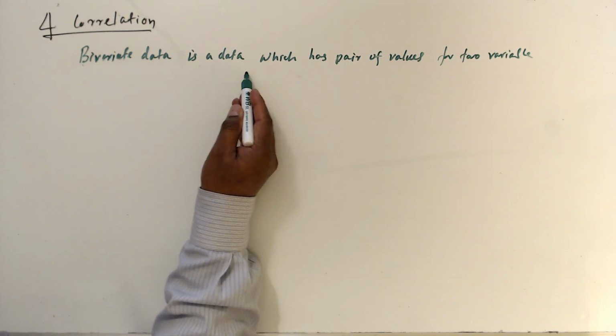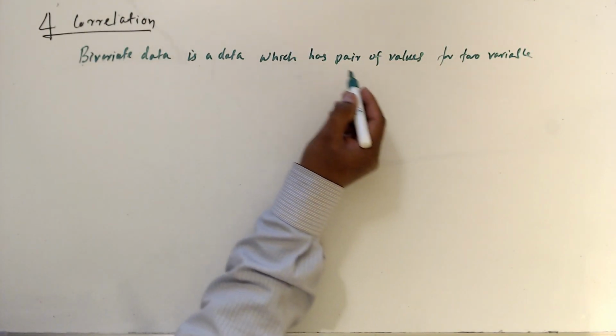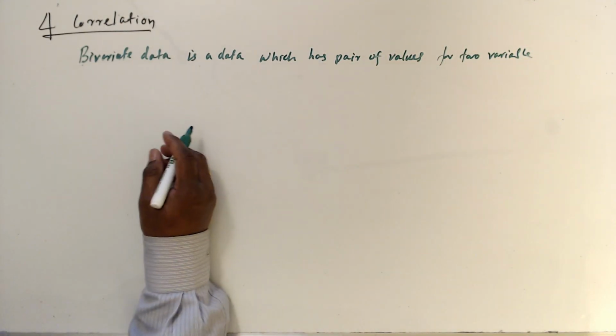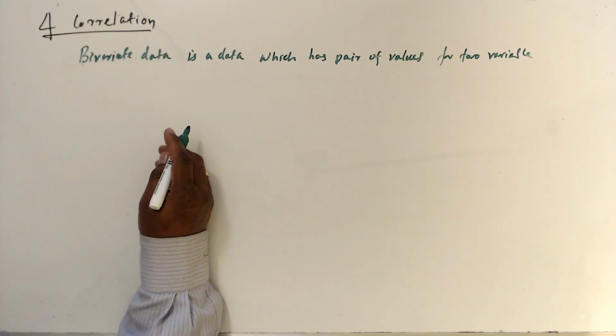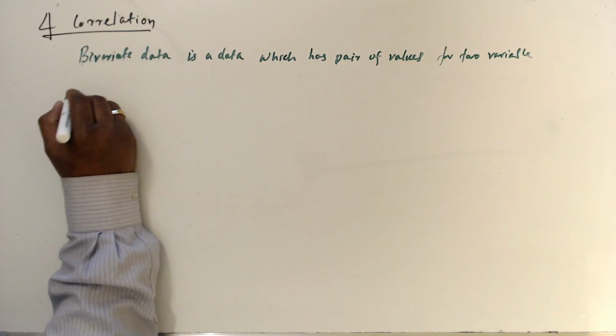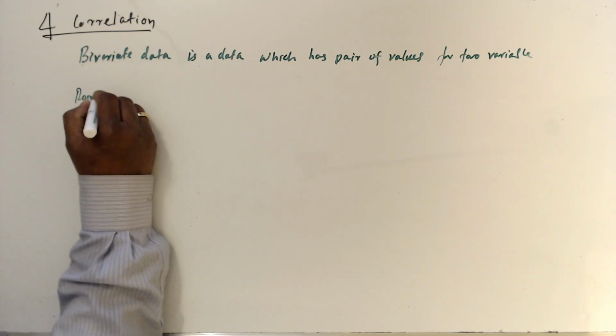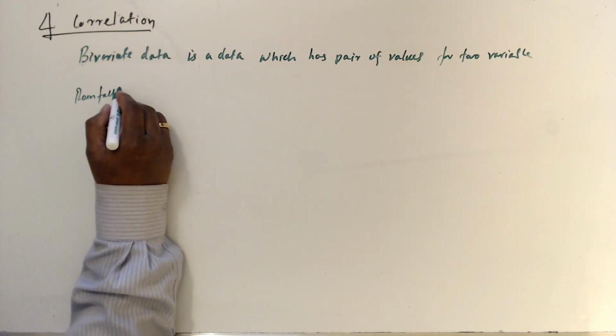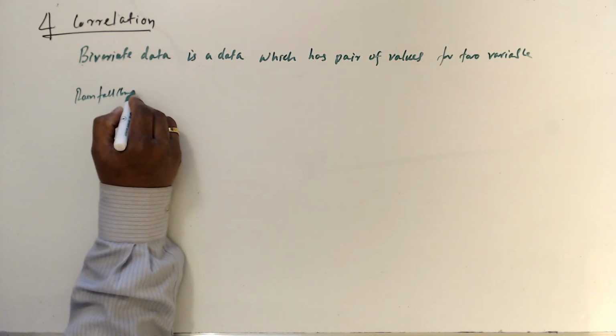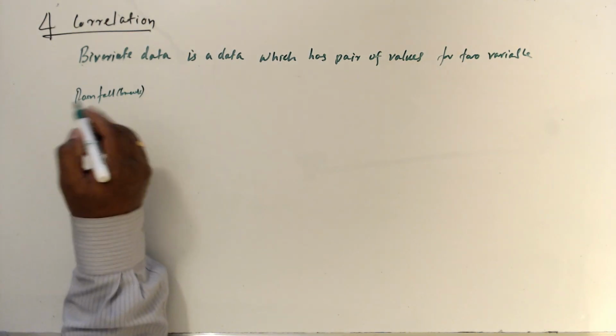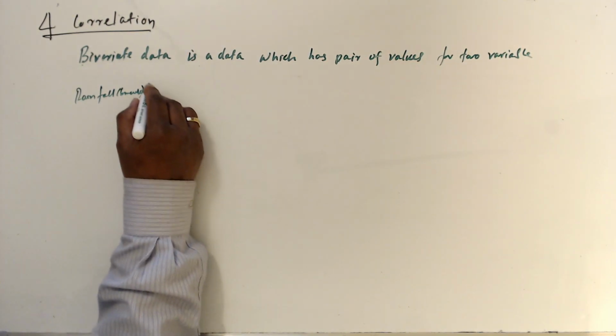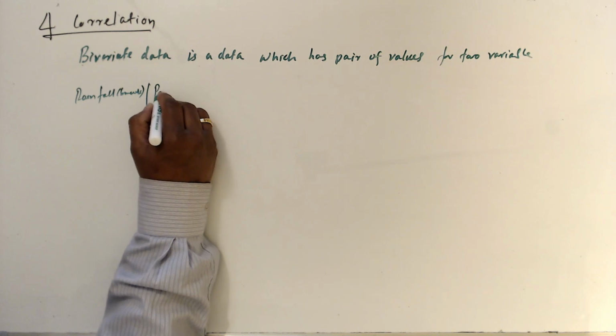Bivariate data is data which has a pair of values for two variables. For example, assume rainfall for 6 months and the paddy harvest.